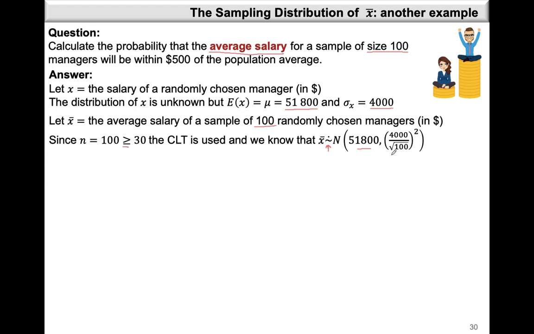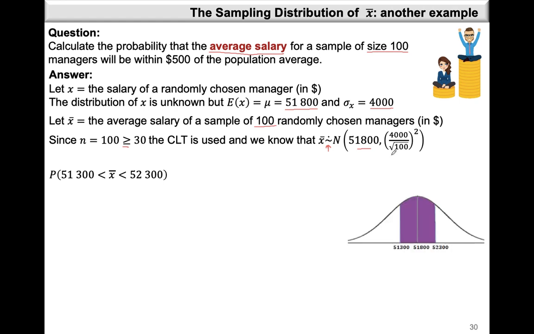So the probability of X bar between 51,300 and 52,300 is the area on the graph that is between the two values, and the values are obtained by taking the mean 51,800 and subtracting $500 to get the lower value and adding $500 to the mean to get the upper value.